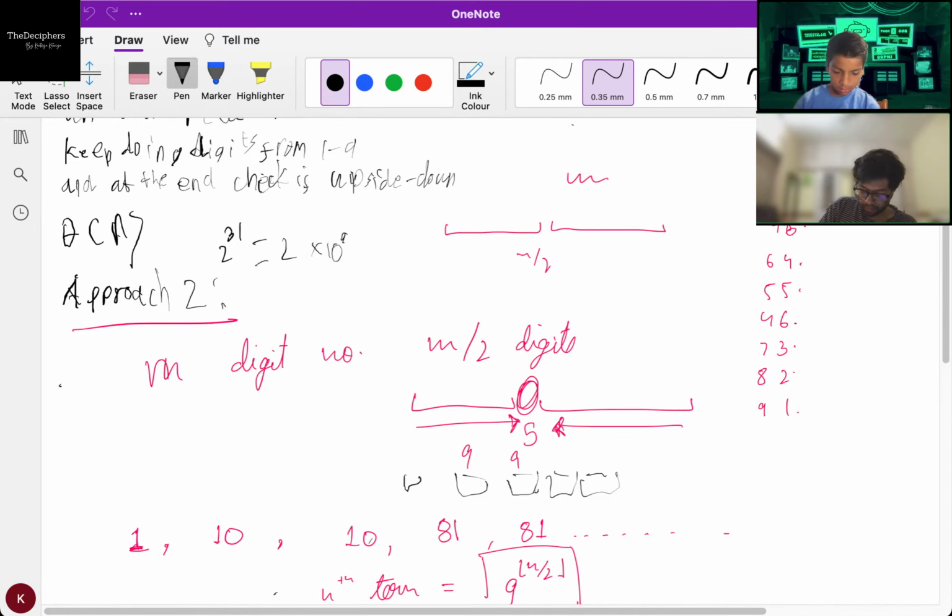For 4 digits and above, the formula should hold.